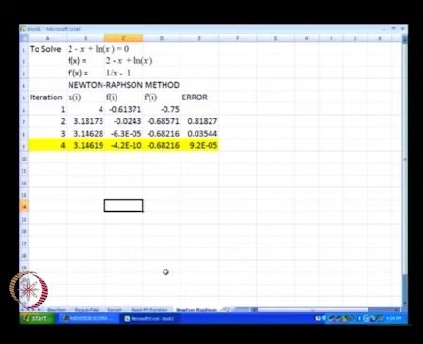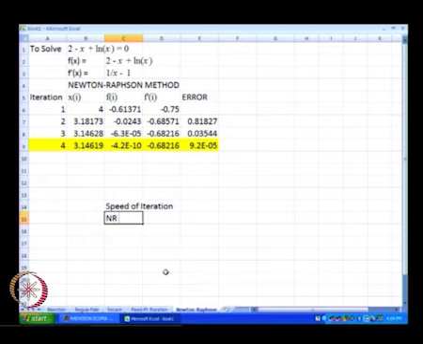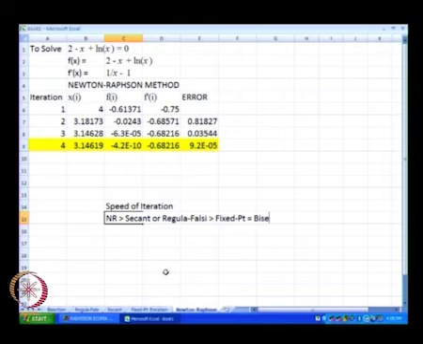In general, the speed of iteration, which we will cover in our next lecture, goes like this: Newton-Raphson's is faster than secant or fixed point, which in turn is faster than secant or Regula-Falsi, which in turn is better than fixed point, which is approximately equal to bisection.